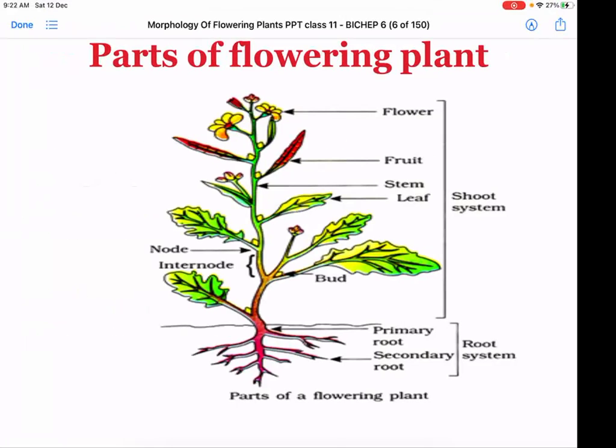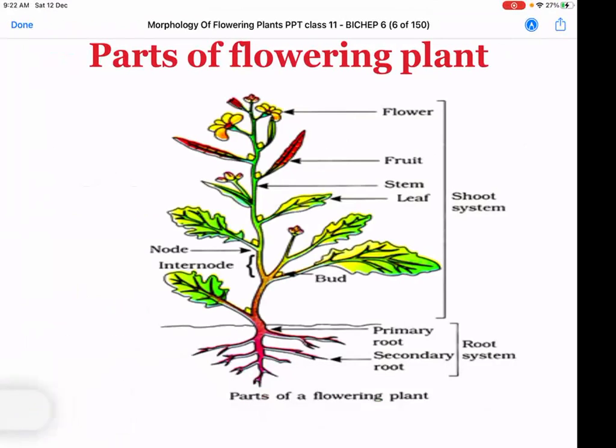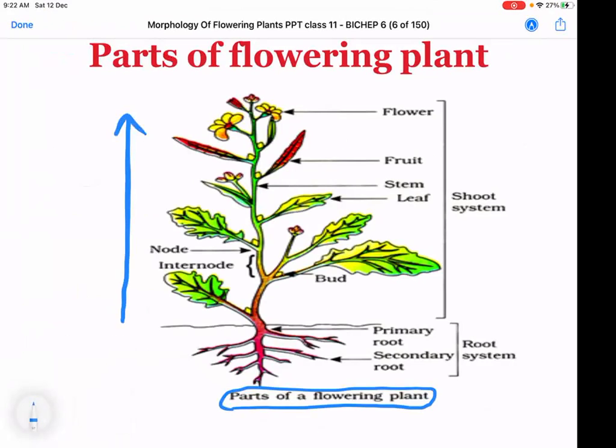Fine. Now, if you can see the diagram which is given in front of you, it is a general structure or general parts of the flowering plant. If you see the general structure of the plant, above the soil is one type of part, and under the soil they have the other part.